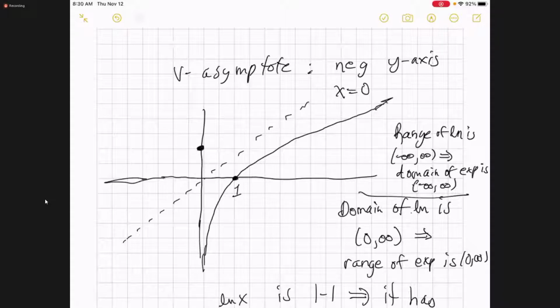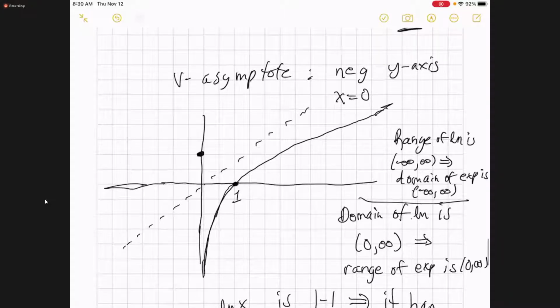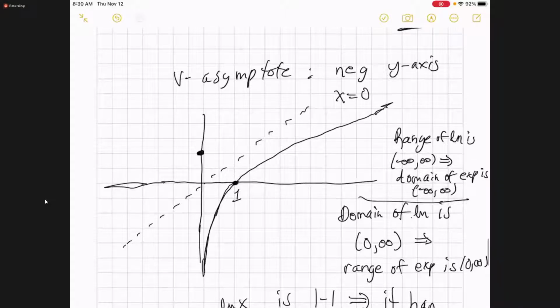And also, we have a vertical asymptote for the natural log function at x equal to 0. Once I reflect about the diagonal line, that means that the negative x-axis is going to be a horizontal asymptote for exp.